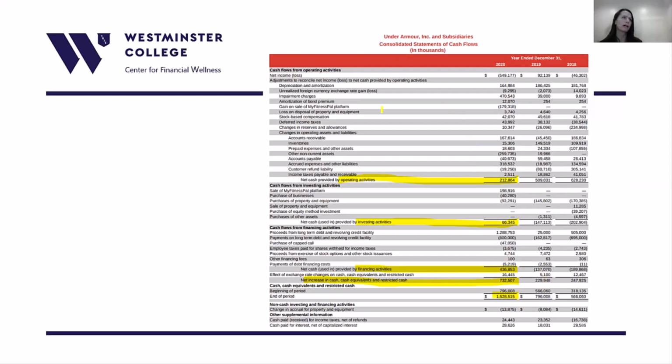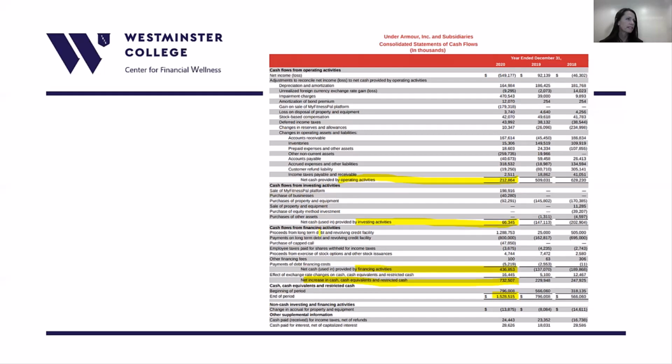Yes, there is a lot of detail on this beyond our class. But you can look at some of these and see it kind of makes sense. In investing activities, they're purchasing a business, they're selling a portion of a business, MyFitnessPal. They're buying some more property.